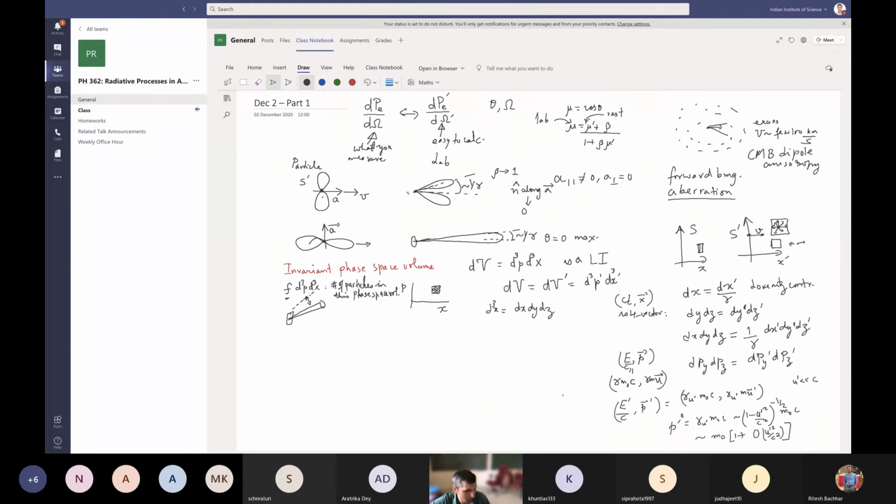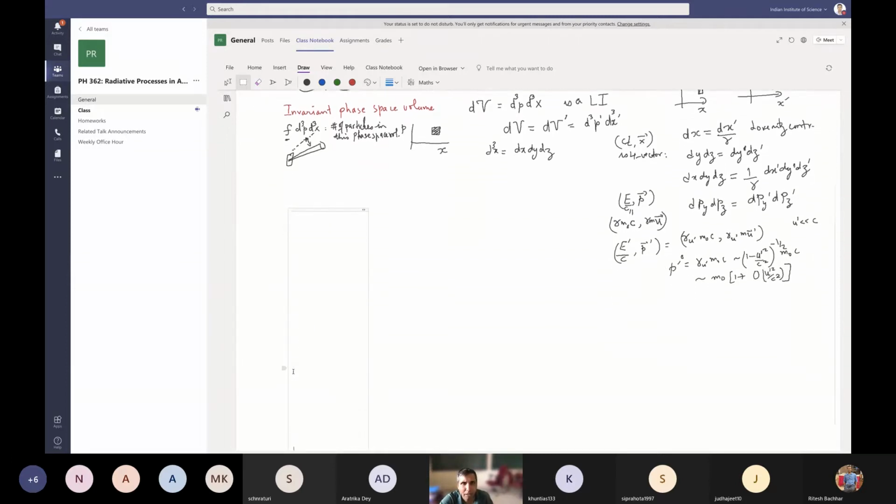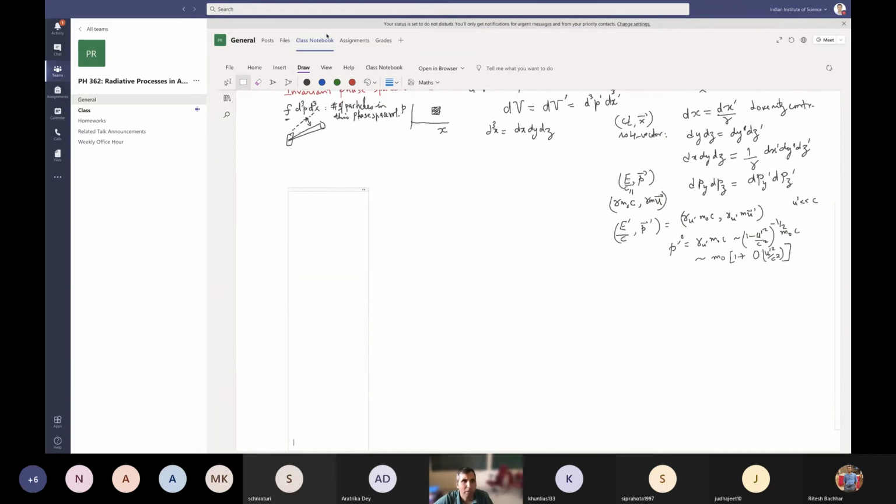Right, so let's just write the Lorentz transformation of px. dpx is equal to gamma times dp x prime plus beta dp prime 0.